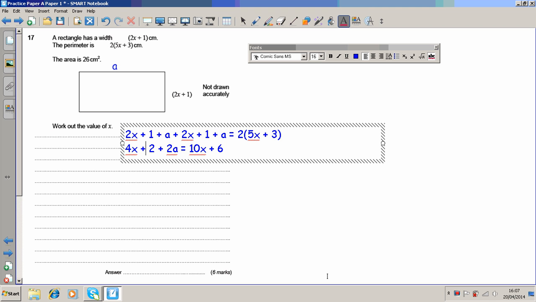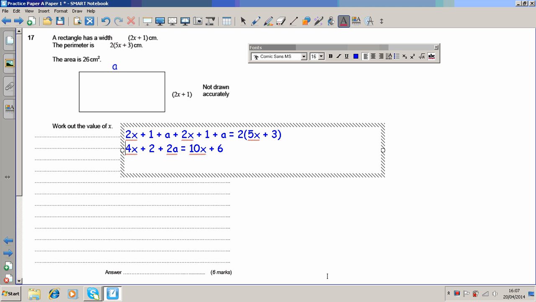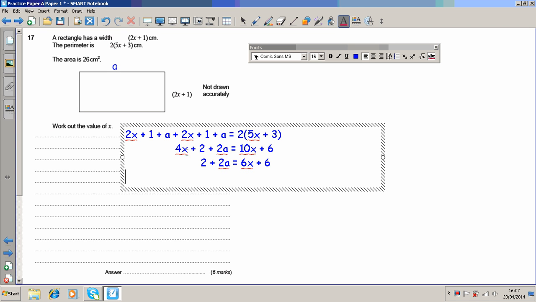Okay, so now if I take the 4x off of this side, then I get left with 2 plus 2a equals 6x plus 6. Just by using the rules of solving equations and doing the same to both sides of the equal sign. So I took 4x off of the left side and took 4x off of that side, and took 2 off of there as well. So I'm just left with 2a there, and 6x take away 2 is plus 4.